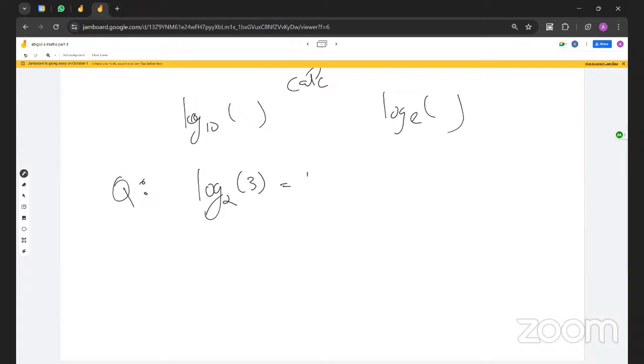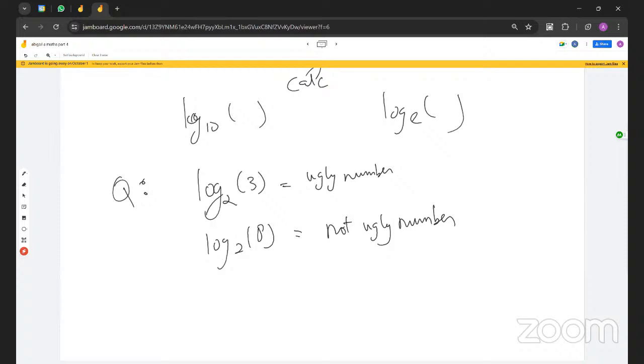This will certainly be an ugly number. How do I know that this is certainly an ugly number? Look at this: log base 2 of 8, not ugly. Log base 2 of 3, definitely ugly.